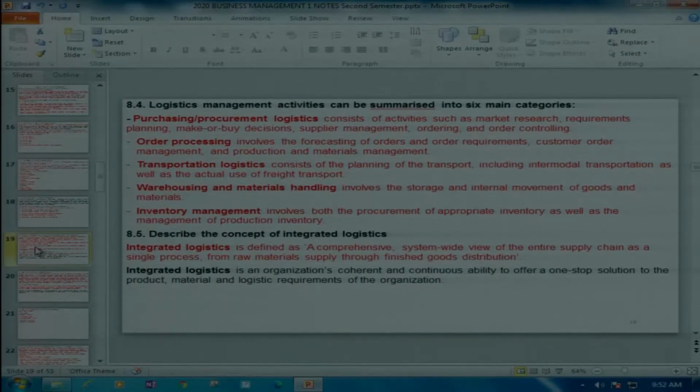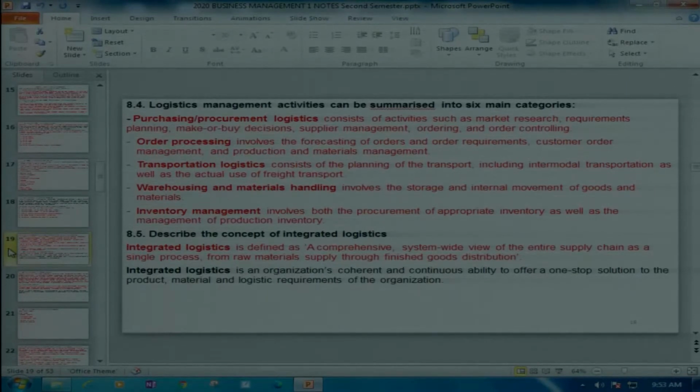Transportation logistics consists of the planning of the transport, including intermodal transportation, as well as the actual use of freight transport. Warehousing and materials handling involves the storage and internal movement of goods and materials. Inventory management involves both procurement of appropriate inventory as well as the management of production inventory.